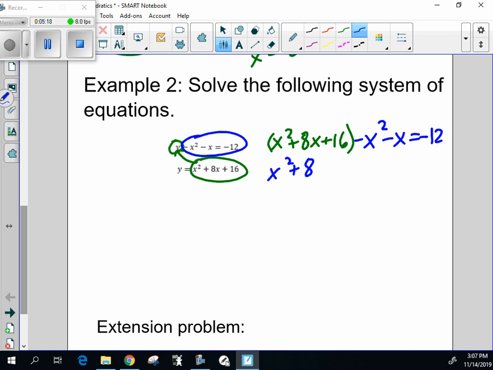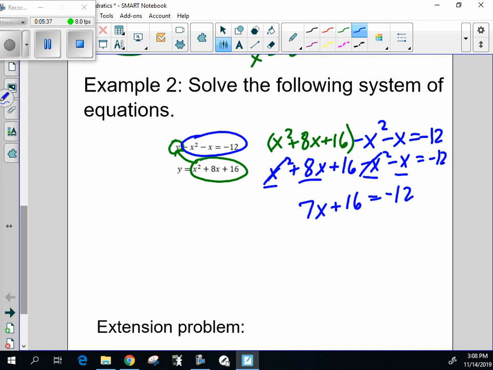We need like terms. There are like terms. We have x squared minus x squared. Those cancel out. We have 8x minus x is 7x. And we have 16 and negative 12.